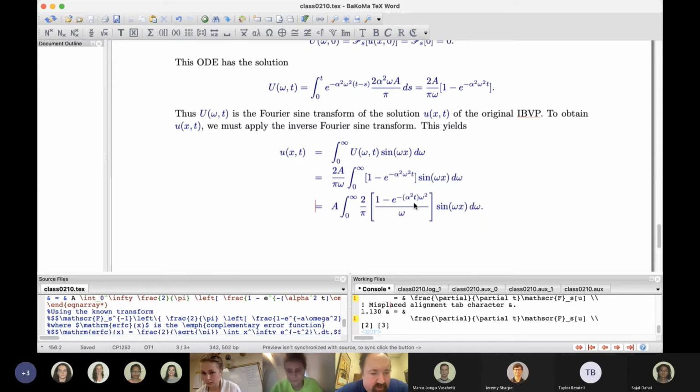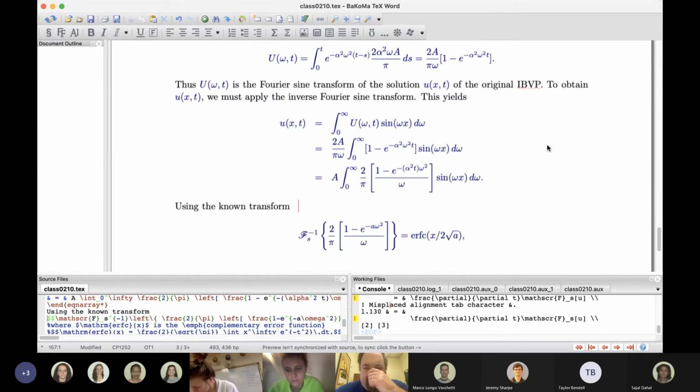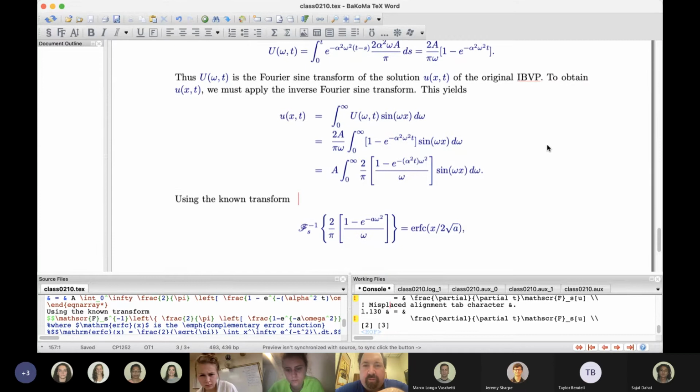The reason I write it this way is that there are tables of transforms, like the Fourier sine transform of this function is this function, and going backwards. That's why I brought this 2 over pi back in, and also put the omega down here, because this is a known transform like you look up in a table. So the inverse transform of this function of omega is this function of x.